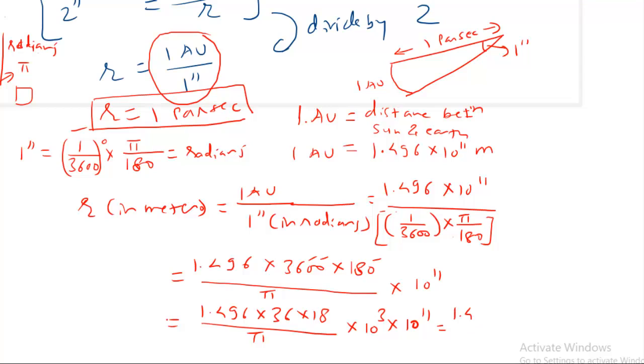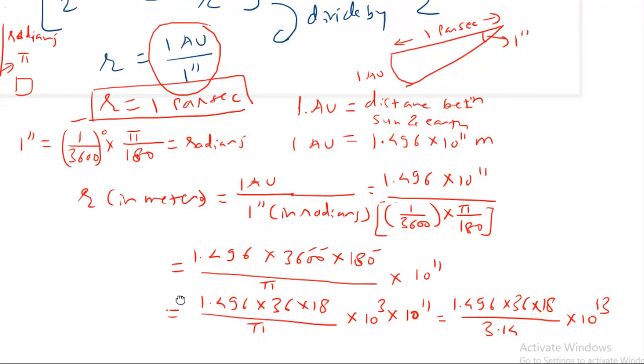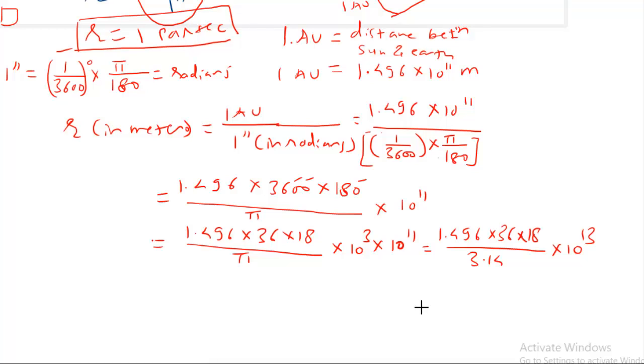That will be equal to 1.496 into 36 multiplied by 18 divided by 3.14 multiplied by 10 raised to the power 13. There is a small correction here. It should be 10 raised to the power 14. If I solve these terms, it will be 308.5721 multiplied by 10 raised to the power 14.